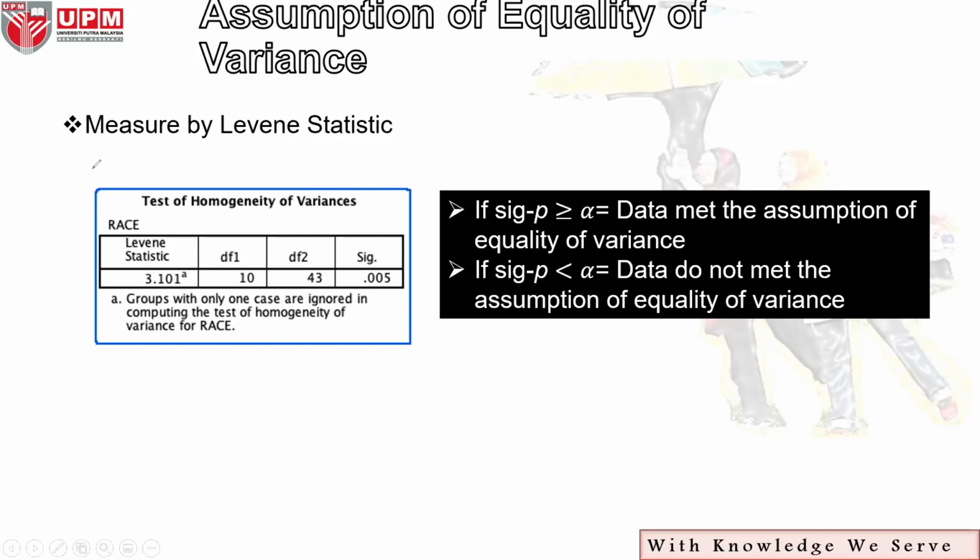When we want to interpret the value, we refer to the significant value. In terms of the requirement, if the significant value is larger than or equal to alpha, then the data make the assumption of equality of variance. If the significant value is lesser than alpha, 0.05 or 0.01, then the data do not make the assumption of equality of variance.